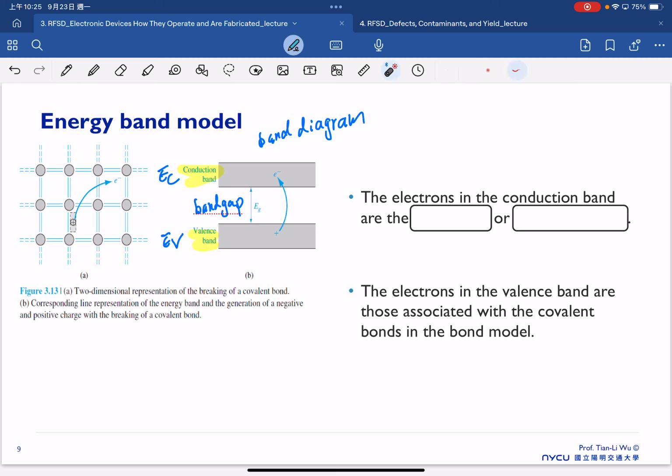The electrons in the conduction band are the conduction electrons, or the mobile electrons. Once these electrons move into this place, they are conductive, so they are free to move to any place.